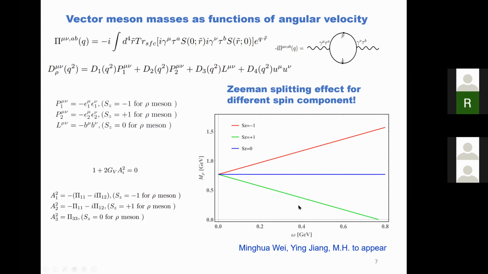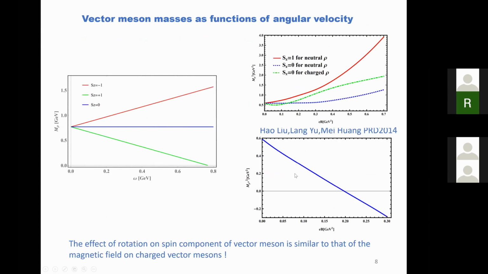This is very similar to the effect of magnetic field on the charged rho meson. Of course, Maxim Chernodub proposed this charged rho condensation under magnetic field. But here, because this component decreases to 0 at a very high Ω, we cannot really say that this will be a condensation of this spin component vector meson.